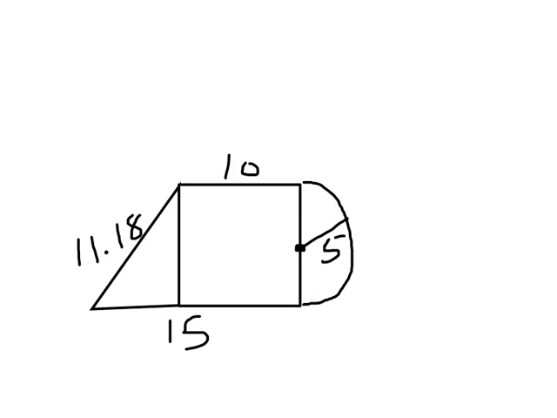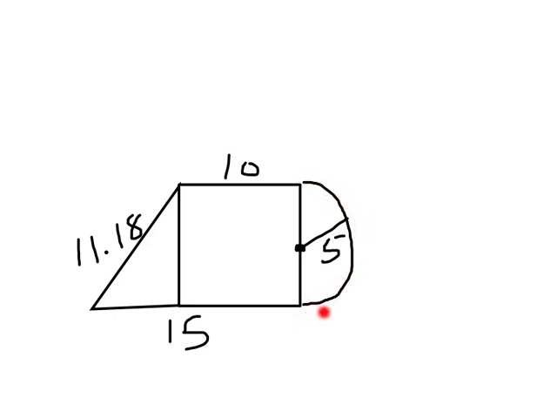Alright, so let's start right off with this example. We're going to find the perimeter and the area of this figure. Alright, perimeter, we know we can use this 15 right here, 11.18, 10, but here's the trick. We've got to find out what the distance around the semicircle is.